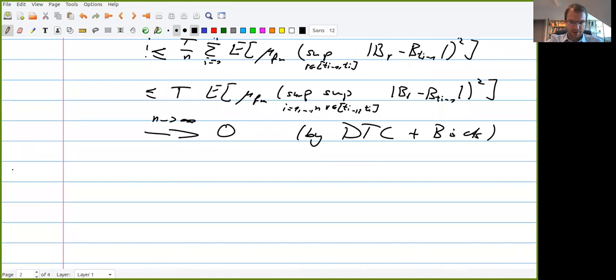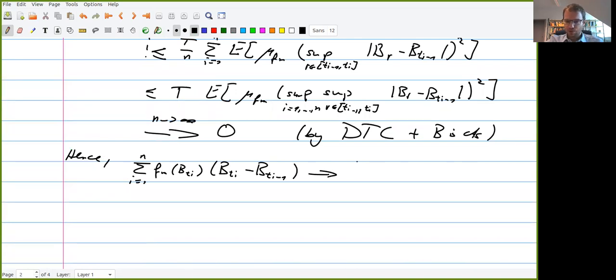So what do we know from this? Well, we know in particular that the Riemann sums here of f_m applied to Brownian motion at t_i multiplied with the increment of the Brownian motion go to the integral from 0 to t of f_m applied to the Brownian motion, integrated with respect to the Brownian motion, in L2.